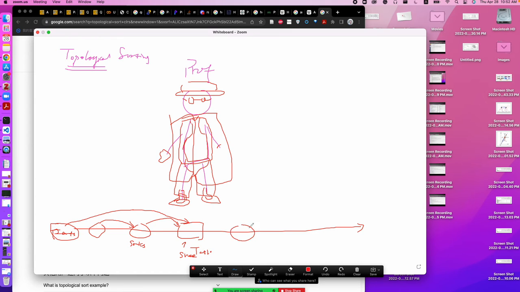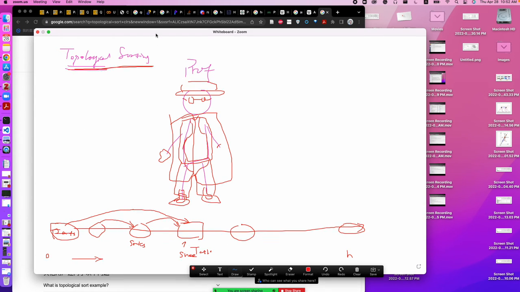So this can form a graph, right? By using topological sorting, you can sort your events, with something at the top to be done first, and something you can finish by the end.